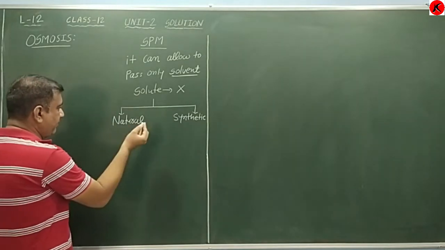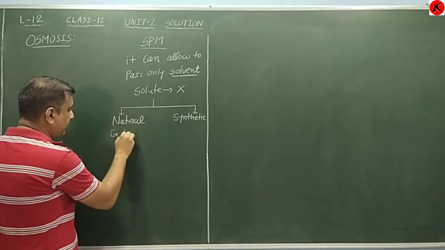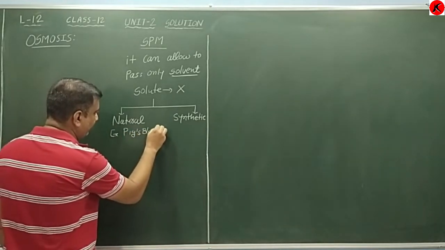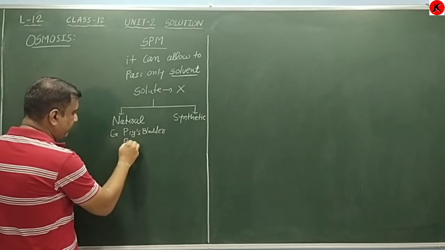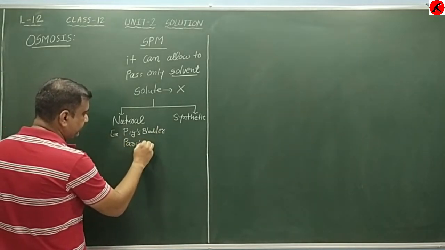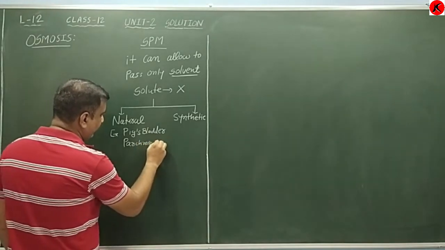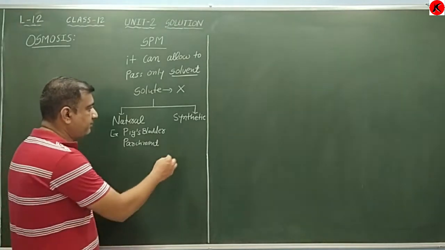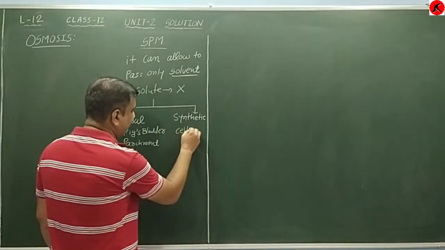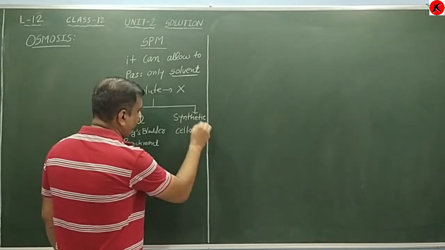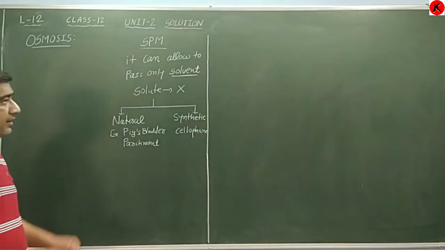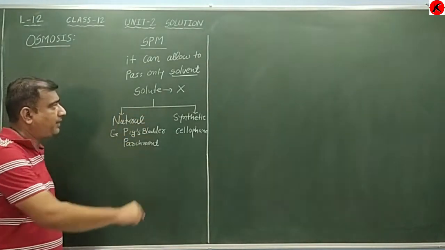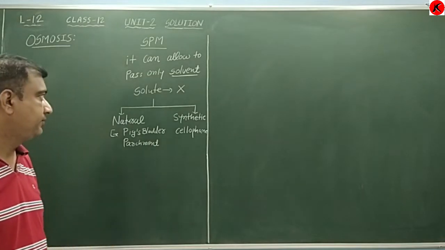Natural semi-permeable membrane examples are pig's bladder and parchment. A synthetic semi-permeable membrane example is cellophane. So remember again, SPM allows only the solvent molecules to pass, it does not pass solute molecules.